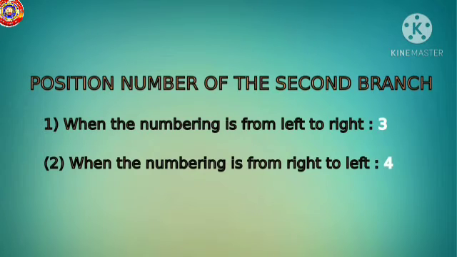So, what is the correct position number of the second branch? Is it 3 or 4? As per the rule, we know that the numbering should be done in such a way that the carbon atom carrying the branch should get the least number, right? Therefore, the position number of the second branch is 3.